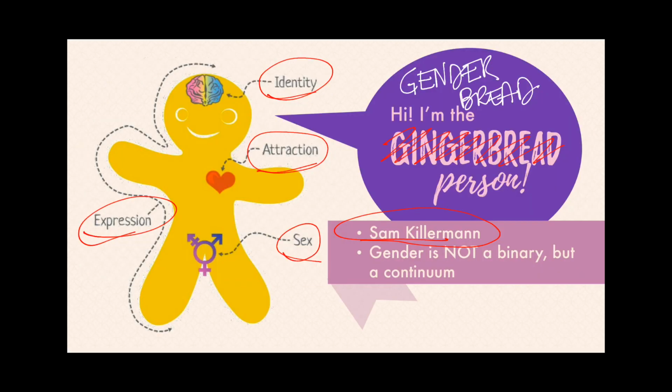Okay, so we go back to the genderbread person. Again, we have 4 constructs. We have sex, expression, attraction, and identity. They are interacting with each other in our lives, but they are different constructs. So hopefully, in this process, you might look into yourself and identify which in this spectrum of sex, spectrum of attraction, spectrum of gender identity, and expression you have.